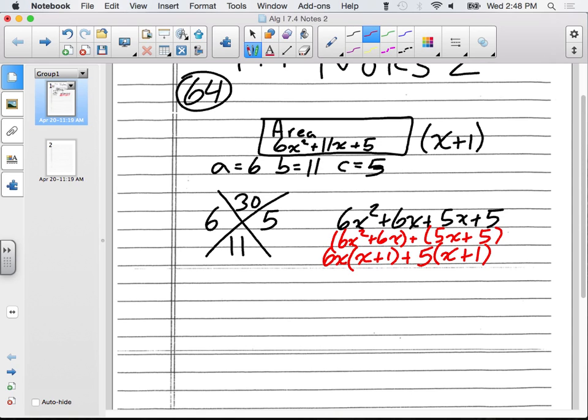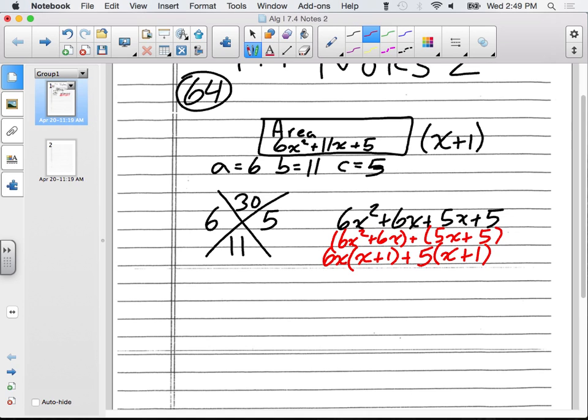I have a question. Yes. What if you switch the 5x and the 6x? Well, if we did that, it'd be 6x squared plus 5x plus 6x plus 5, right? We just have these two groups, what can we factor out of both of them? X, right?